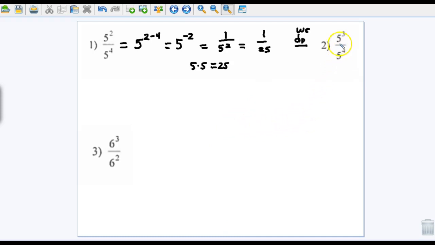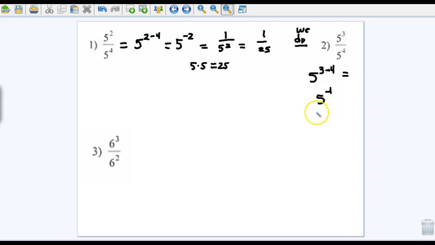Okay. Again, our base is the same. This is a 5 and a 5, so I'm going to go vertical this time. So 5, I'm going to take my numerator's exponent, which is 3, and I'm going to subtract the denominator's exponent, which is 4. Okay, so this is going to equal 5 to the negative 1, right?